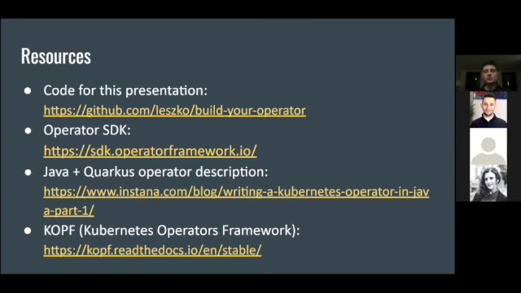The third one is a very good blog post explaining step by step how to build an operator using Java and Quarkus. And the last one is the documentation of the Kubernetes operator framework written in Python, for Python, which I think is actually a very, very good framework.